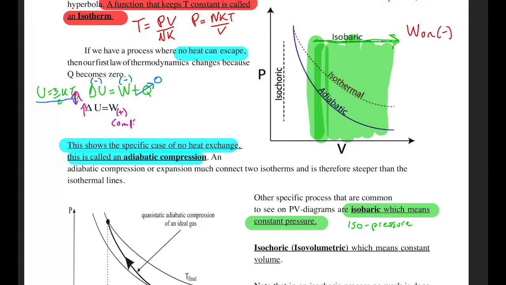Whoever was responsible for doing work just stood there and did nothing and just watched it expand. There's just negative work being done on that gas. Okay, look at the PV values though. Over here you have the same P times a little v. Over here you have that same P times a larger v. So during this constant pressure process, when the gas is expanding, the temperature is increasing.